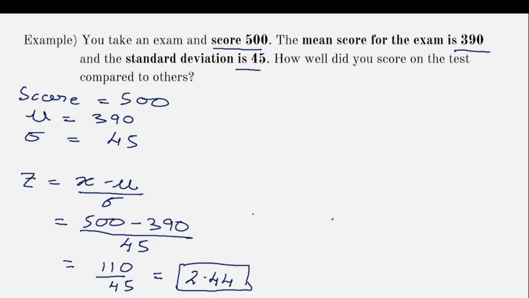So this is the value of z-score that I got. As per the definition of z-score, I can say that this point lies 2.44 standard deviations above the mean, that is, it lies above mu plus 2.44 times the standard deviation. Now let us consider a standard normal distribution for this example.